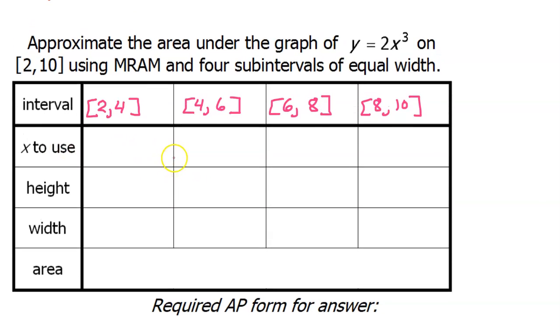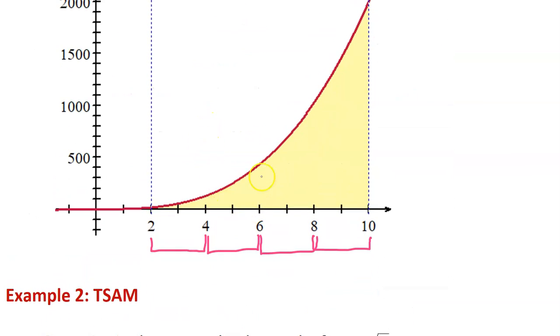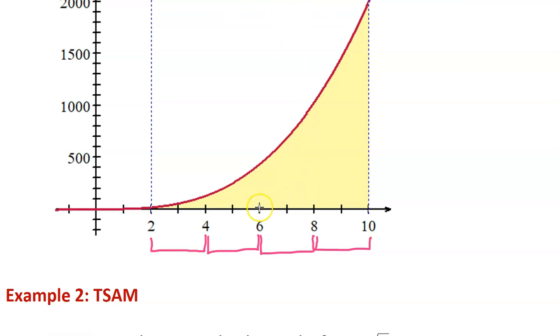So I think I'm just going to focus on one interval as an example. So focus on the interval from 6 to 8. This is midpoint rectangle approximation method. So I'm drawing this rectangle so that the midpoint is on the curve.